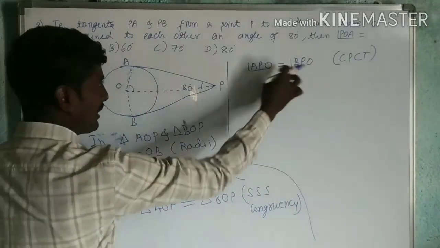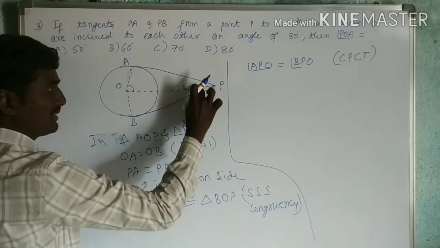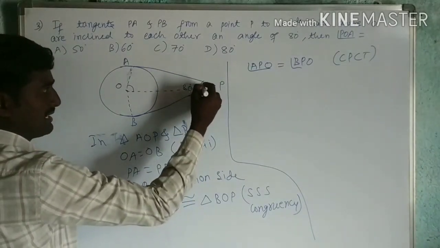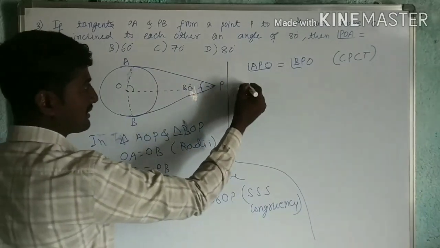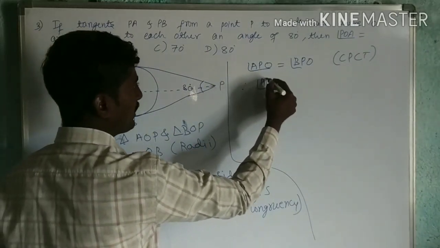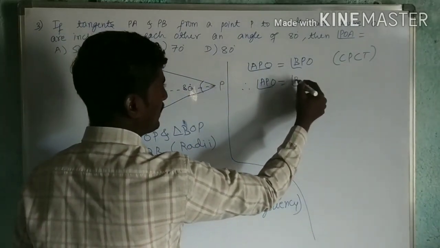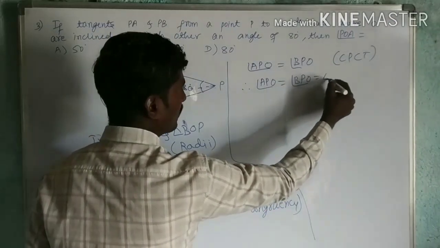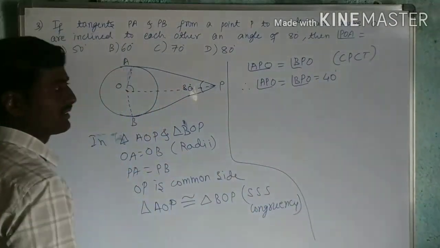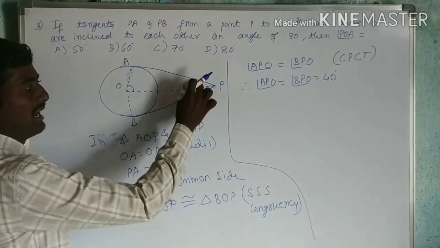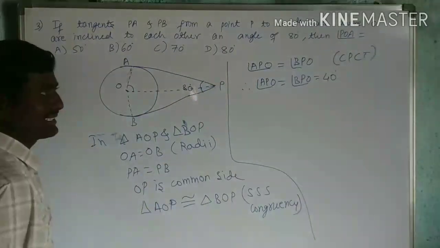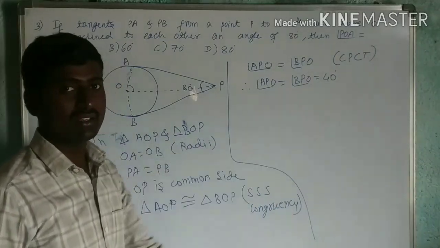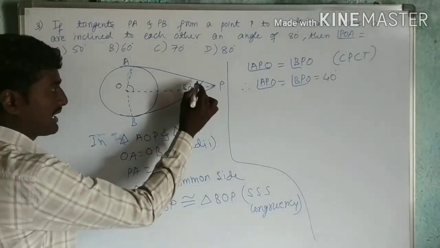Now if these two angles are equal, and this angle is 80 degrees, therefore angle APO is equal to BPO is equal to 40 degrees. So the total angle is 80 degrees and these two angles are equal, means 40 plus 40 I am getting as 80 degrees. This angle I got as 40 degrees.